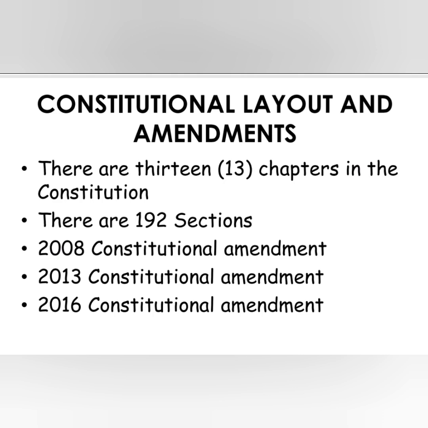Paragraph A of subsection 4 of section 66 was amended and replaced with the following. The institution of any proceeding in the court shall be done by the Attorney General and Minister of Justice, unless offences involving corruption. In 2013, there was also a constitutional amendment.